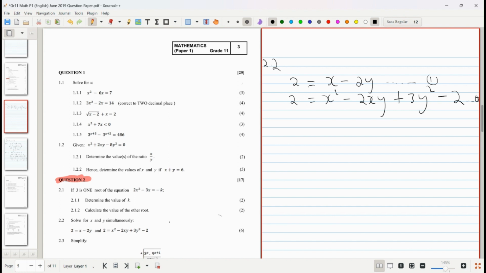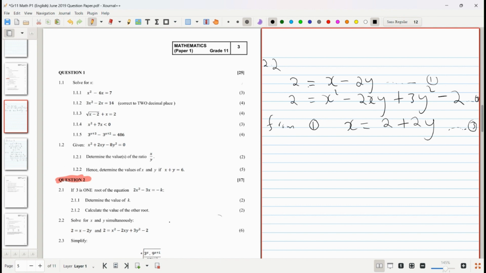So from equation 1, x will equal 2 plus 2y. This will now be your equation 3, a new equation.